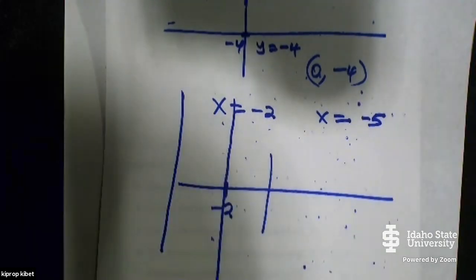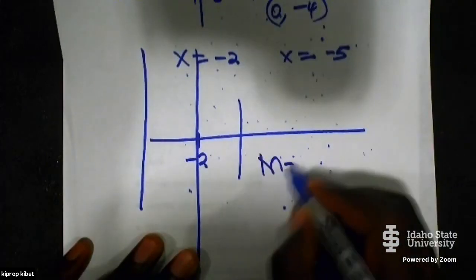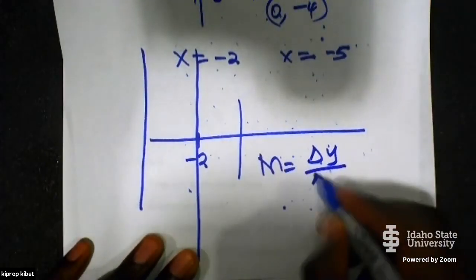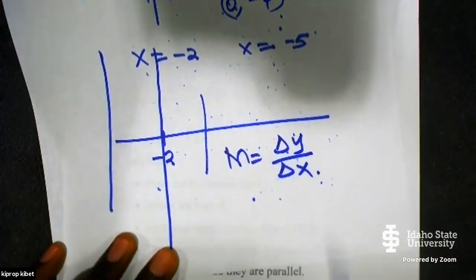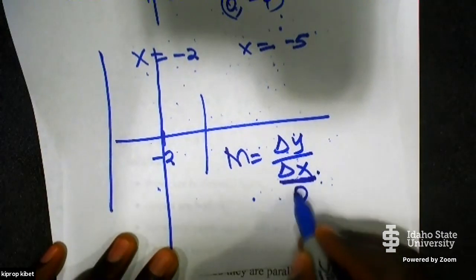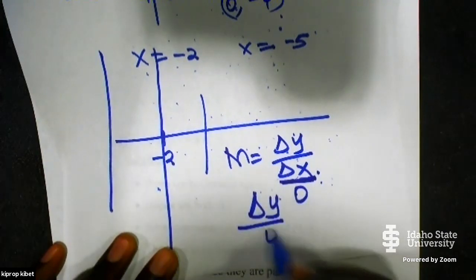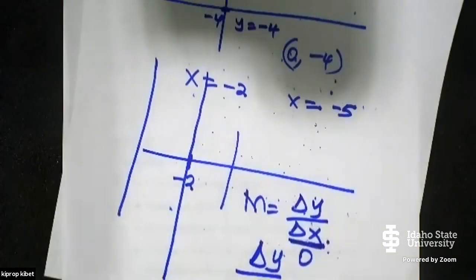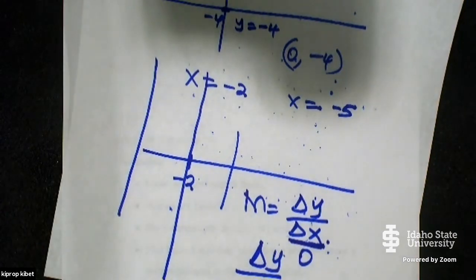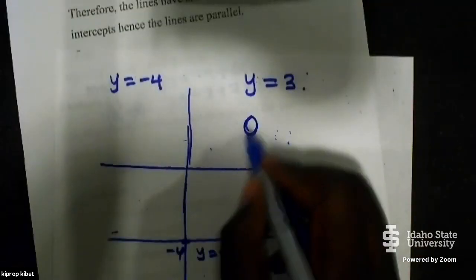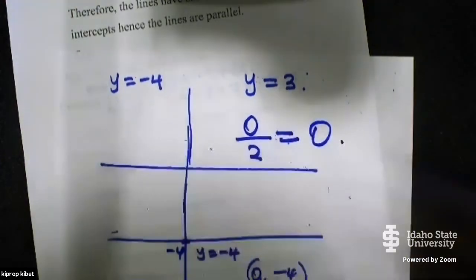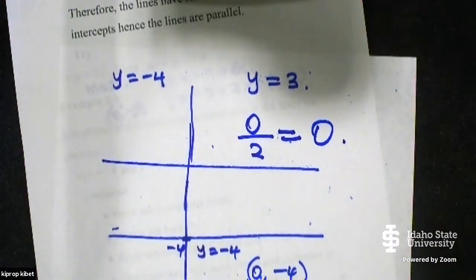Because we say m equals change in y all over change in x. And so this change in x is 0. So when you divide anything by 0, you're getting undefined, not 0. You cannot define it. You cannot even get it in your calculator. When you divide 2 by 0, you cannot define it. But if it is 0 all over 2, then this is equal to 0.